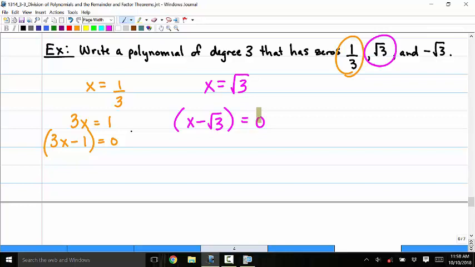And last but not least, x equals negative root 3, so x plus root 3. This 0 corresponds to that factor. So could you tell me 3 factors of that polynomial?